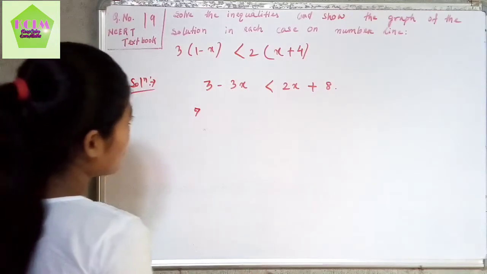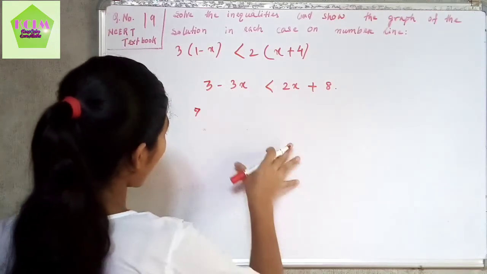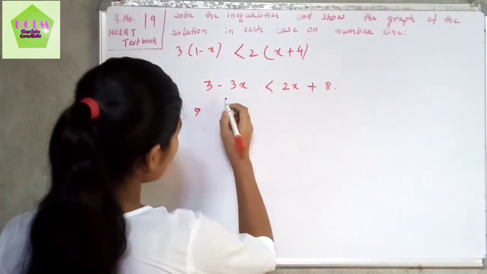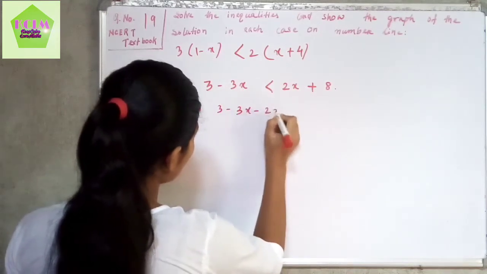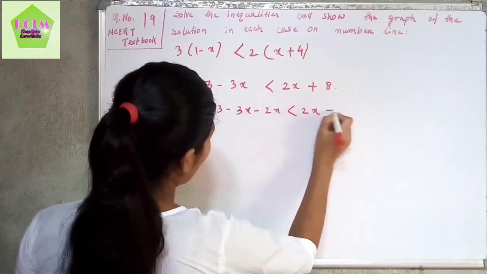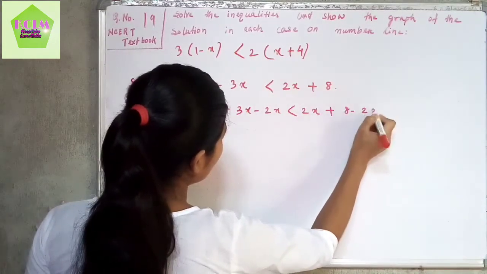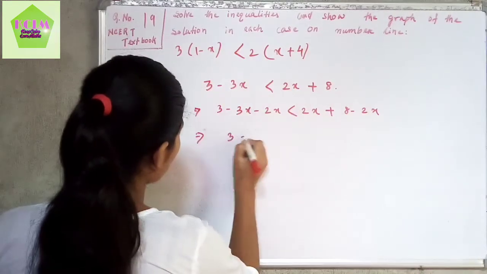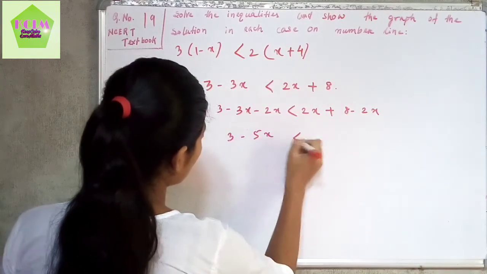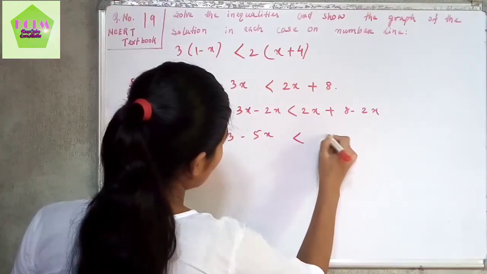Then we subtract 2x on both sides. So this is now 3 minus 5x is less than 0 plus 8, or 8.